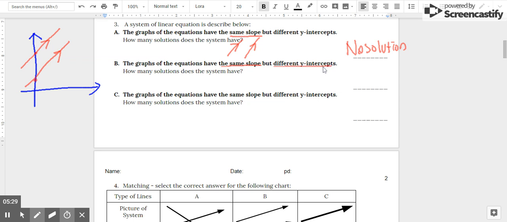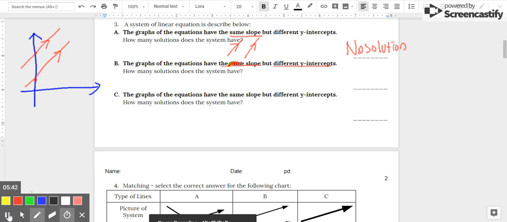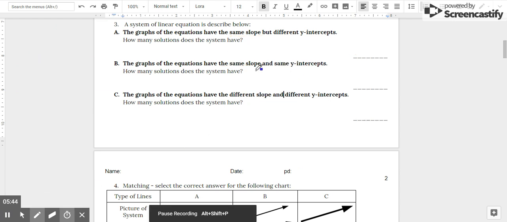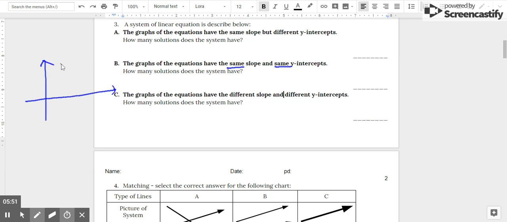I'm going to change this question to same slope and same y-intercept. Now with the same slope and same y-intercept, it's going to be the same line. Think about y equals mx plus b. They have the same slope and same y-intercept, so it's going to be the same line.